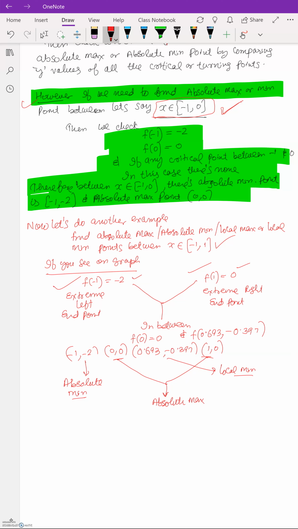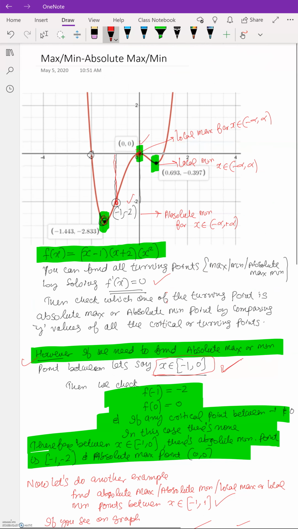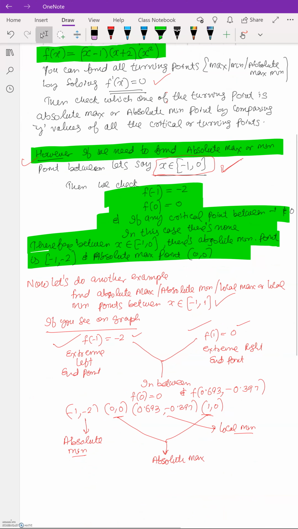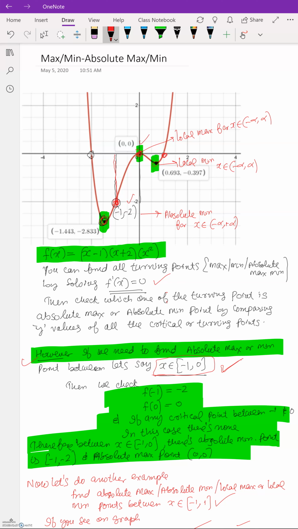Sorry, I'm going to check my domain from -1 to +1. This is the endpoint, (-1, -2), but in between I have (0, 0) and (0.693, -0.397).